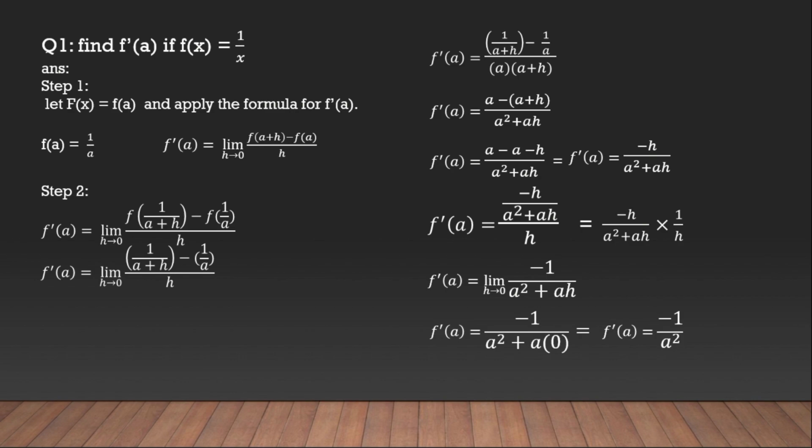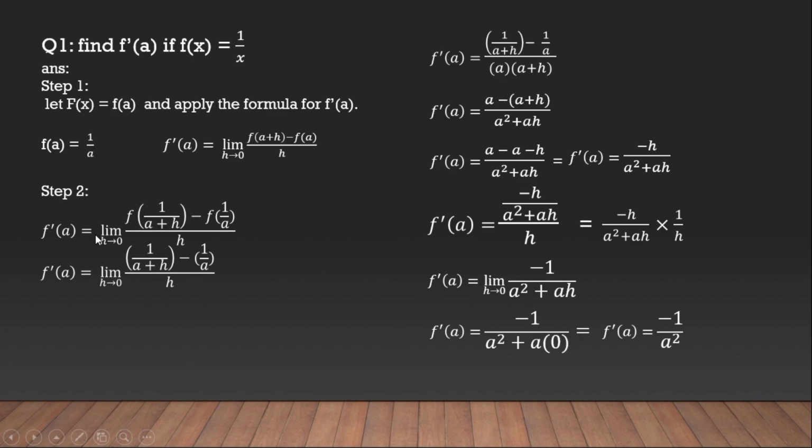So we have a plus h, which is 1 divided by a plus h minus 1 over a, as this function dictates, right? And then let's just remove the f's there, and we're going to say f prime of a is equal to the limit as h approaches 0 for this type of function, right? So we have this guy.